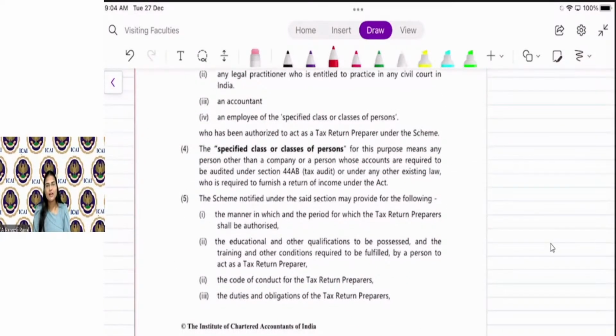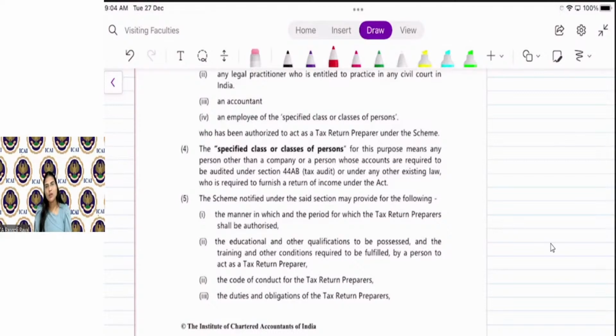The specified class or classes of persons means any person other than a company or a person whose accounts are required to be audited under section 44AB or under any other existing law, who is required to furnish a return of income under the Act.